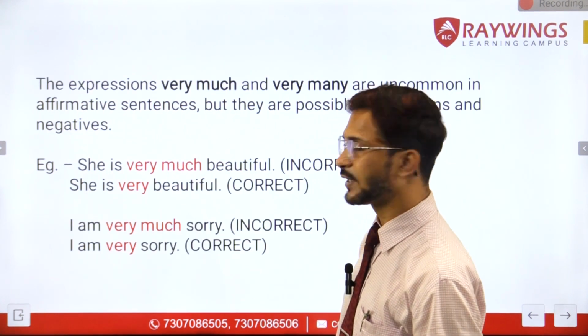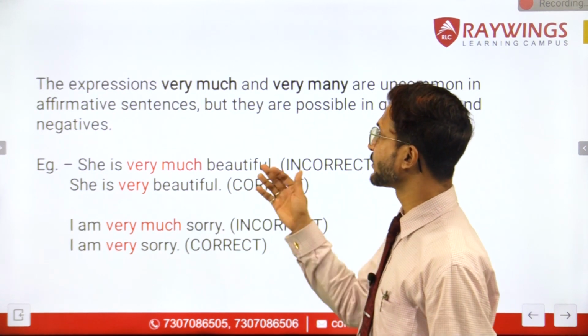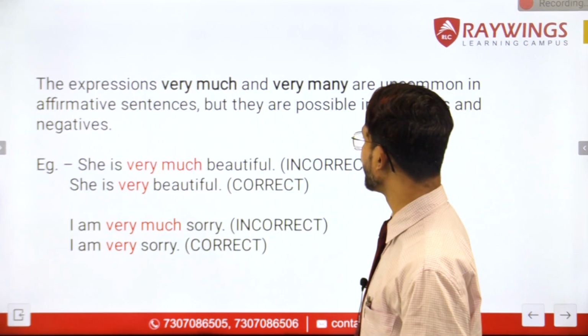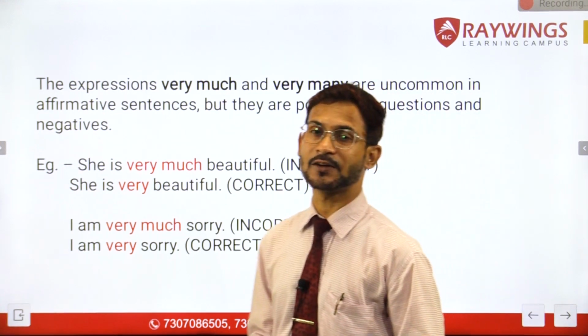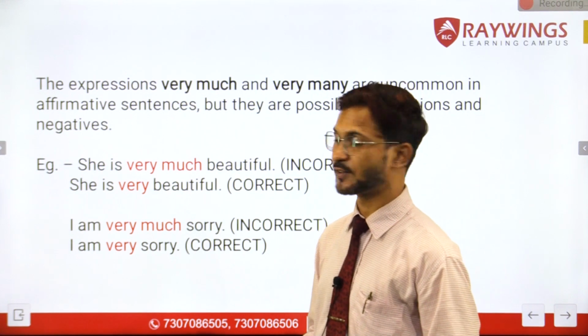Going to the next concept. All right. So we have another concept which says the expressions very much and very many are uncommon in affirmative sentences, but they are possible in questions and negatives.